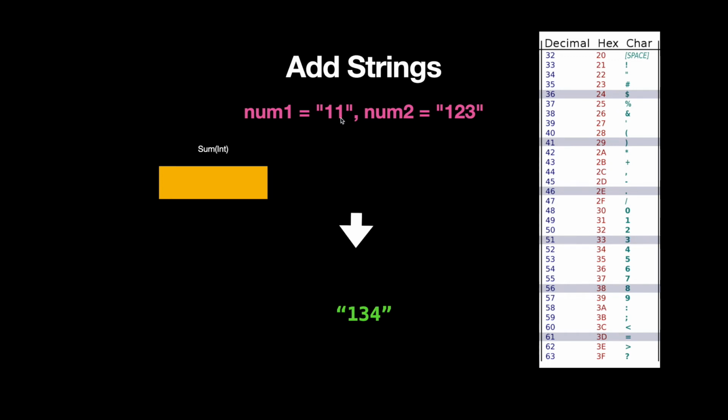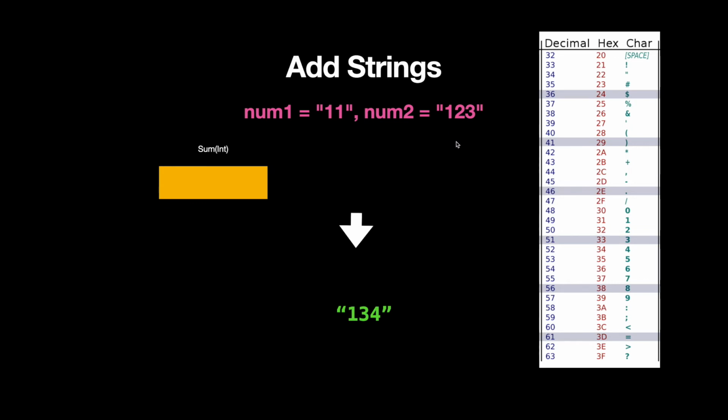For each character in our loop, we'll just deduct character 0 and we will get our resulting number. From character 3, if we deduct character 0, we get 3. From character 2, we get 2. And from character 1, we get 1.